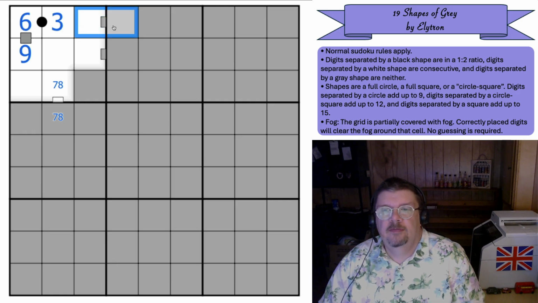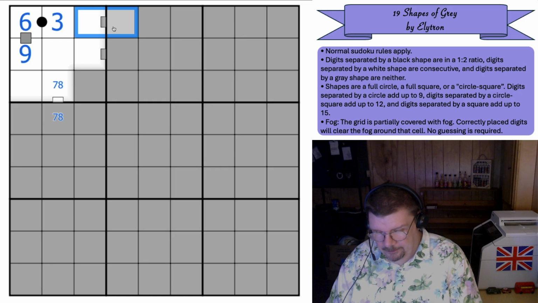Okay, if this adds up to 15, then the only way to do that now that 6 isn't available is 7-8, but that would make them consecutive, which I can't do on a grey symbol. So this must add up to 12. Can't be 3-9. Could be 4-8, except that's in a 1-to-2 ratio. So this must be 5-7.